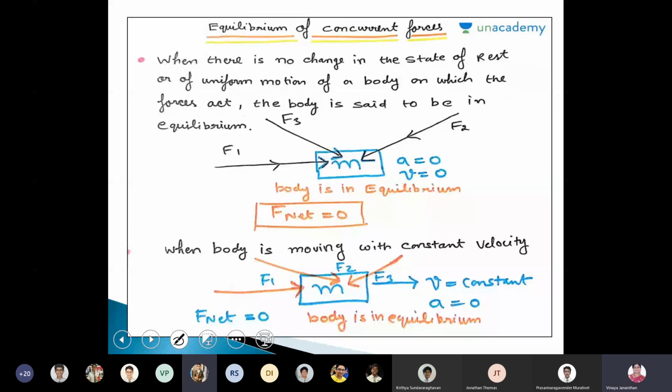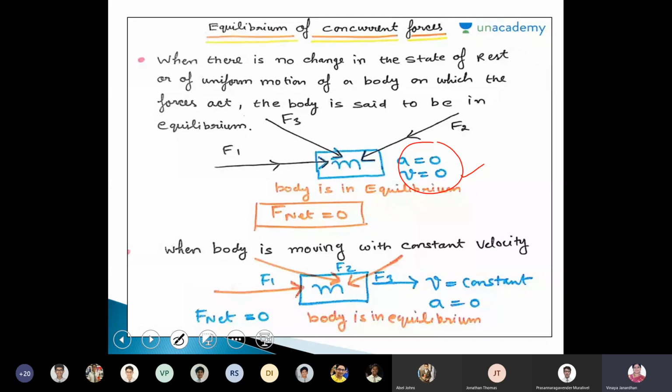Boys, I'm considering a body of mass m. Initially, it is at rest, that is why v is equal to 0. Now, let me consider three forces, F1, F2, and F3. All these three forces are acting on the body. When the forces act on the body, the net force is 0, which means the body is still going to remain at rest.